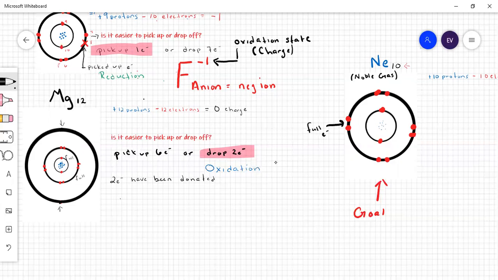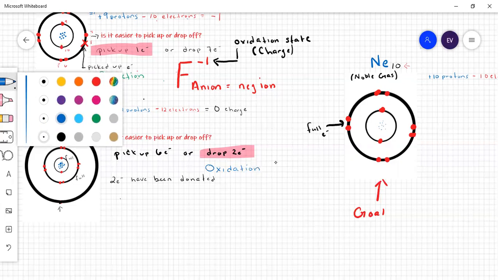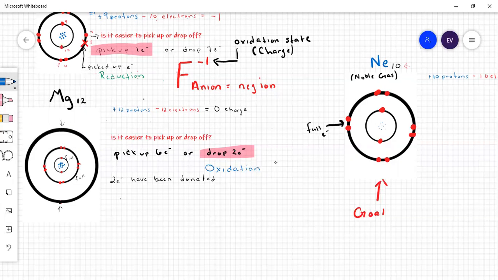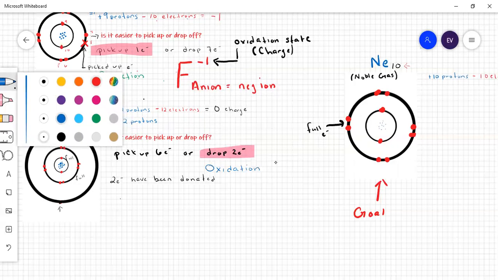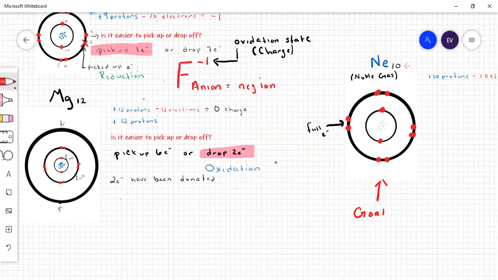Okay. So what's going on when something oxidizes? Well, let's do the math, right? Magnesium still has 12 protons. Remember, we cannot change the number of protons, right? But now, instead of having 12 electrons, remember, it got rid of 2 electrons.